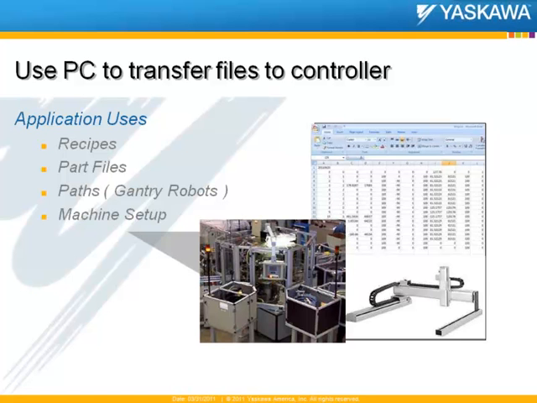Some of the uses we've found in applications we're doing now are recipes, part files, paths such as gantry robots, and machine setup. People are using this methodology to have a file to describe the machine setup or paths or parts being made on a machine with the Yaskawa controller.